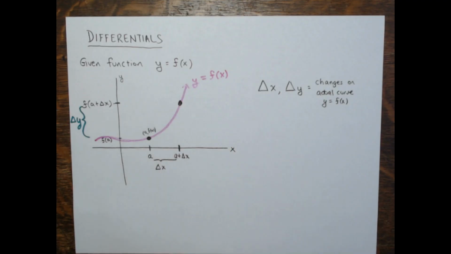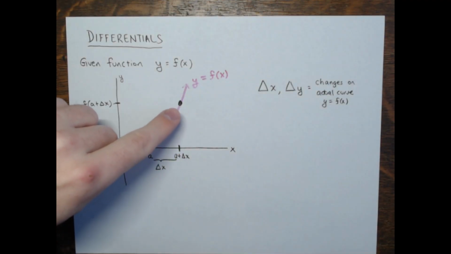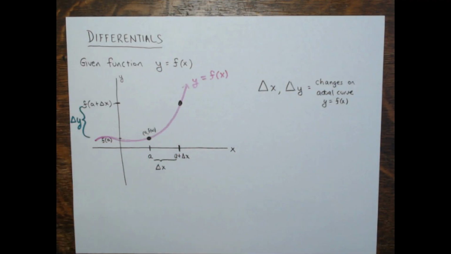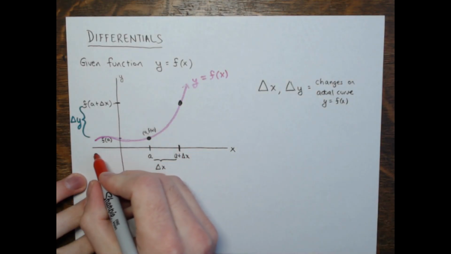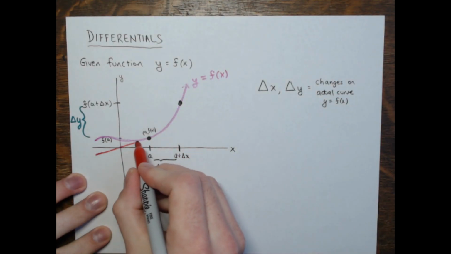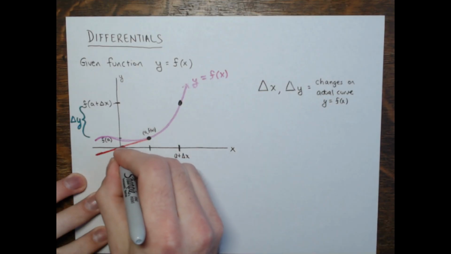So I'm going to draw this tangent line back in again. Remember how we were trying to approximate this value of f at a plus delta x. We're trying to get an estimate of that, an approximation of that, using a tangent line. So again, here's my tangent line function at the point where x equals a.